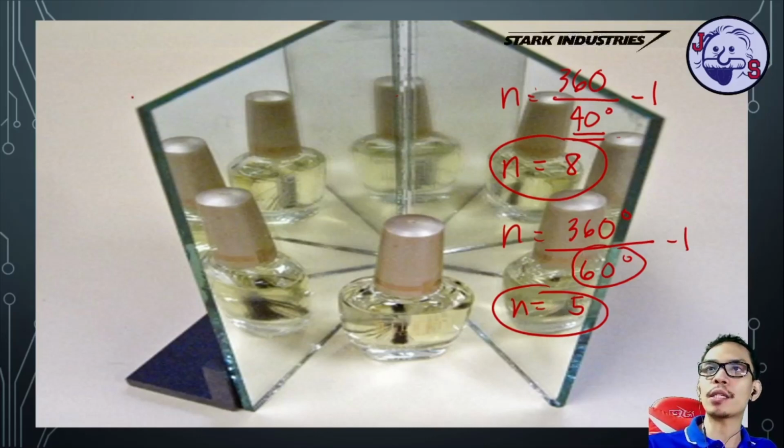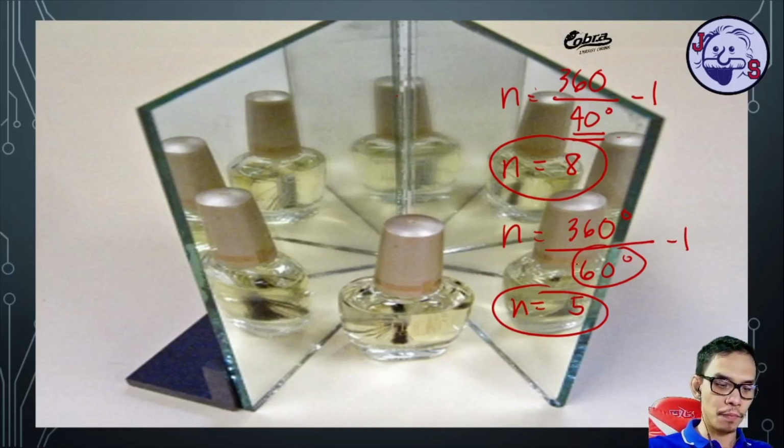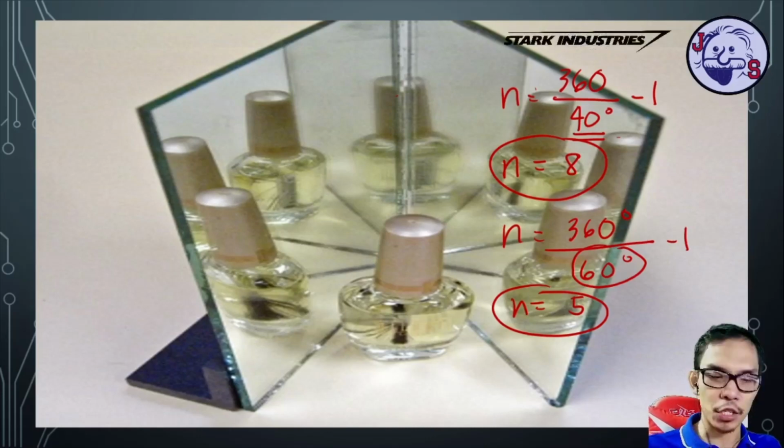So let's try to find out another one. If 40 and 60 failed to do that, we can have, I think, 30. 360 divided by 30. Okay, 30 is too much. Next one, how about 50?